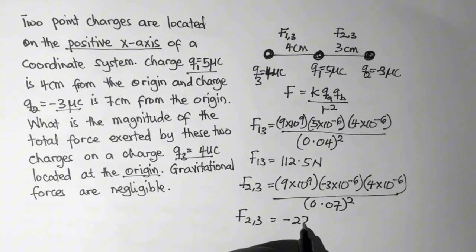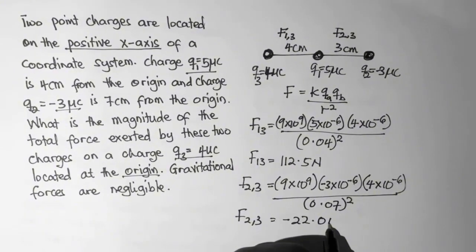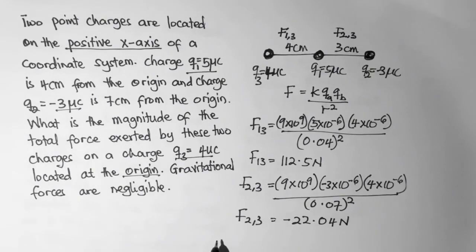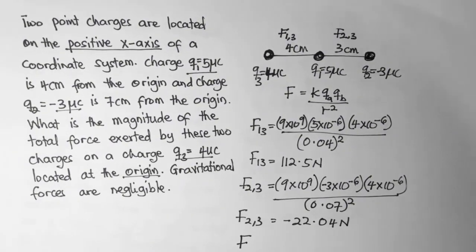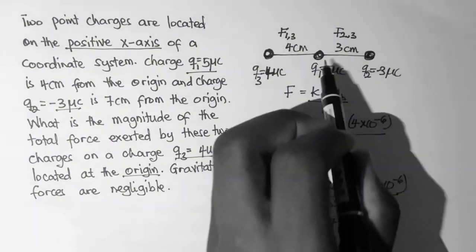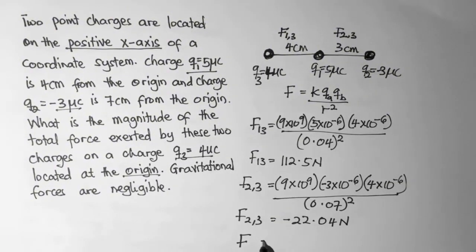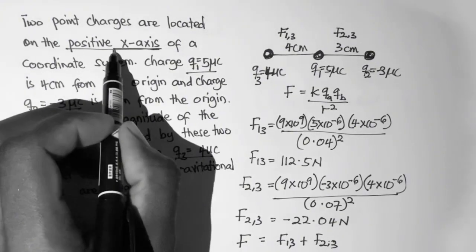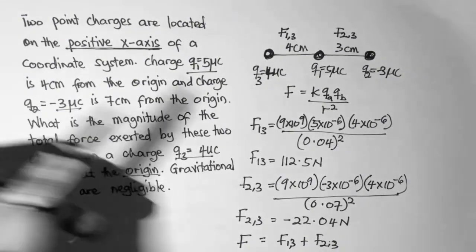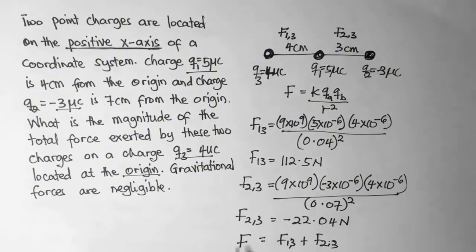So it's minus 22.04 newtons. Now, the force on Q3, let's say F, which is the total force that these two charges exert on Q3, is going to give us F13 plus F23. So we have to sum them algebraically, but because they are all located on the positive x-axis, we can just sum these two.